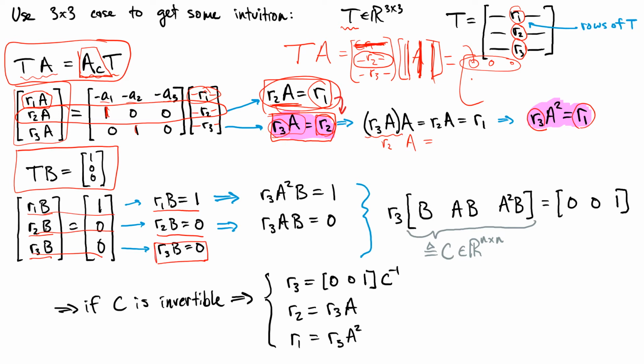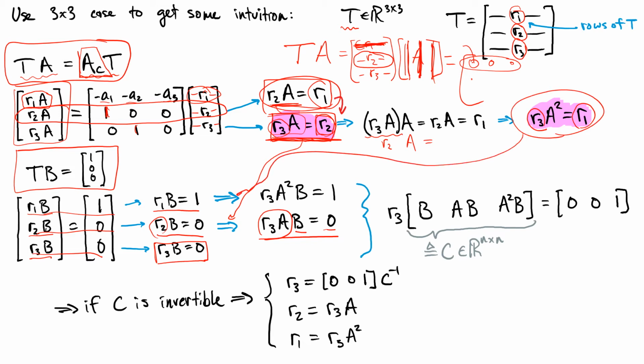Now, since I have this identity that relates R3 and R2, I have the opportunity to stick it in here to simplify this into an expression that is also with respect to R3. So I replace R2 and that gives me R3 times A times B is equal to 0. And then I use this next one that relates row 3 and row 1.